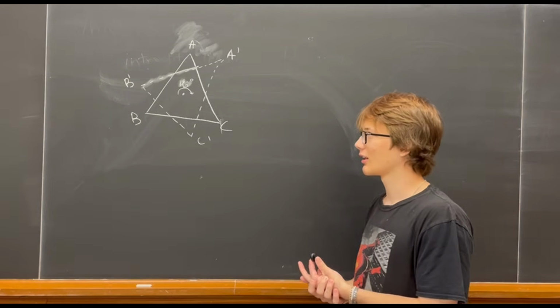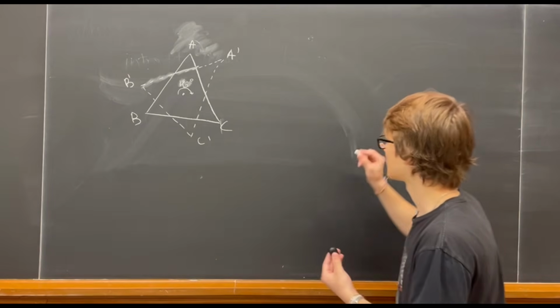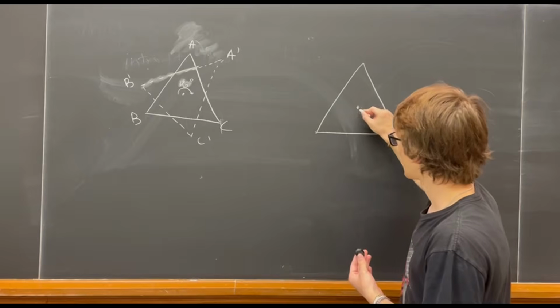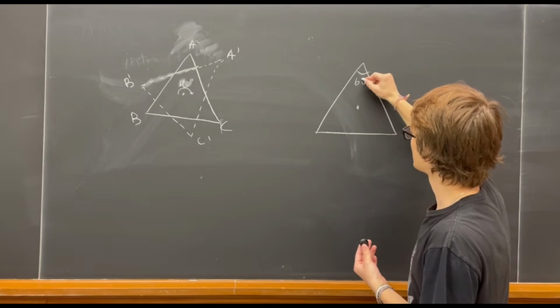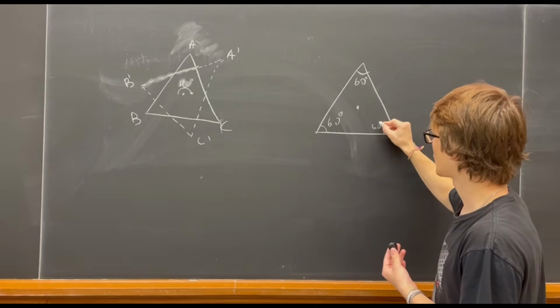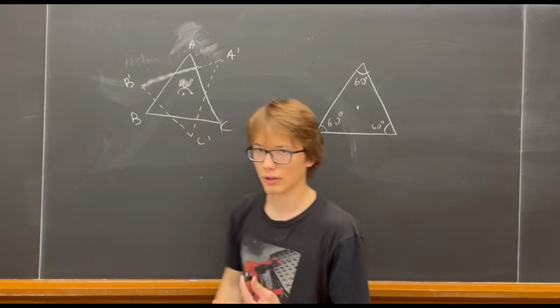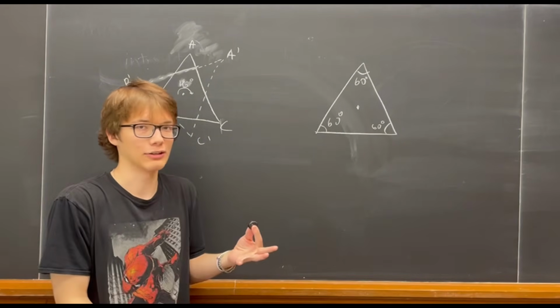So basically, the equilateral triangle, if we draw it, and for example rotate it around the center, 60 degrees here, 60 degrees here, and 60 degrees here. And if we rotate it around its center, nothing will change. It will be the same triangle basically.